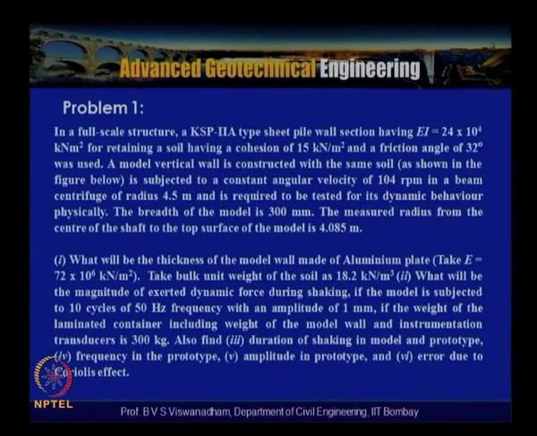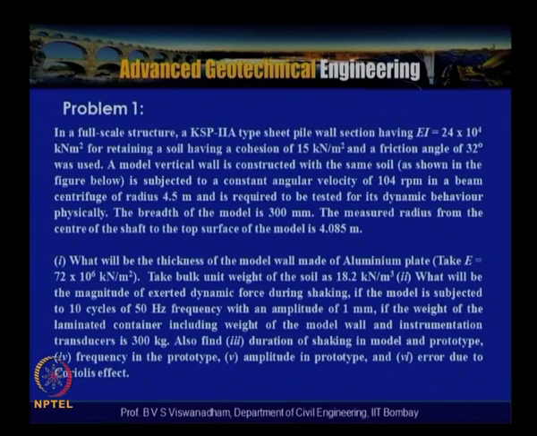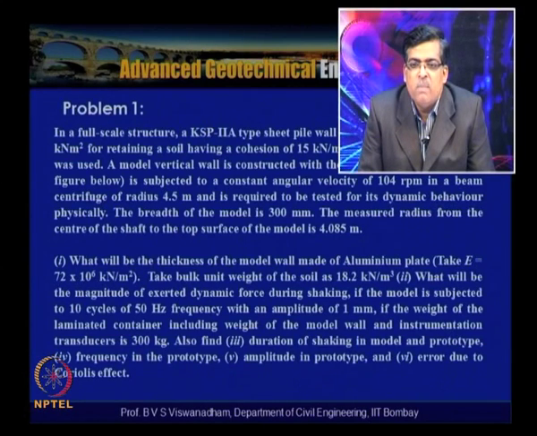A model vertical wall is constructed with the same soil and is subjected to a constant angular velocity of 104 revolutions per minute in a beam centrifuge of radius 4.5 meter, and is required to be tested for its dynamic behavior physically. The breadth of the model is 300 mm and the measured radius from the center of the shaft to the top surface of the model is 4.085 meters.